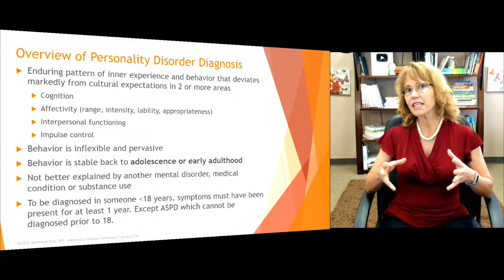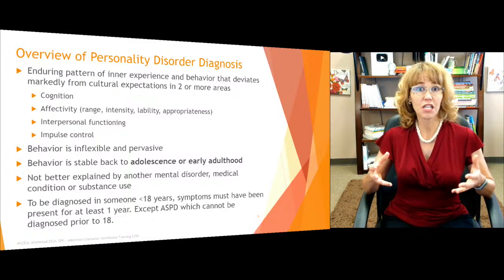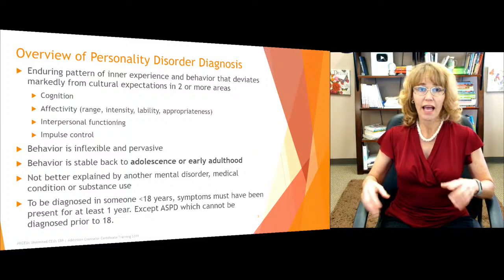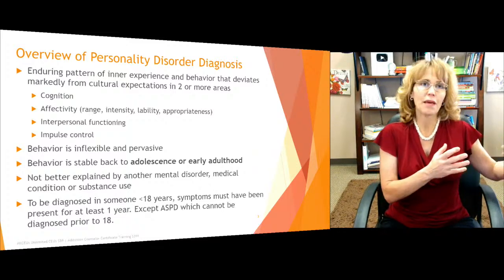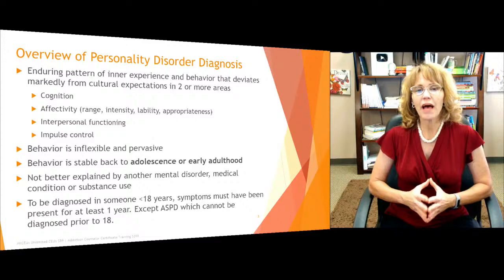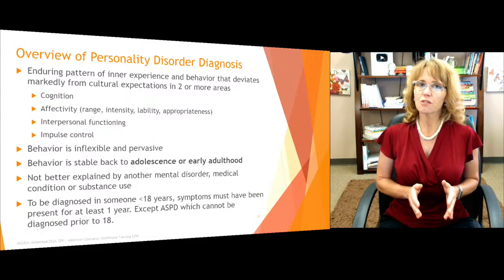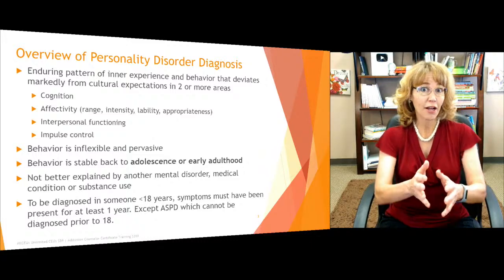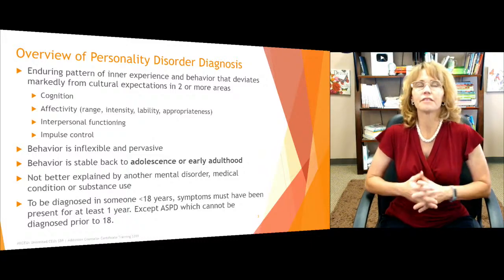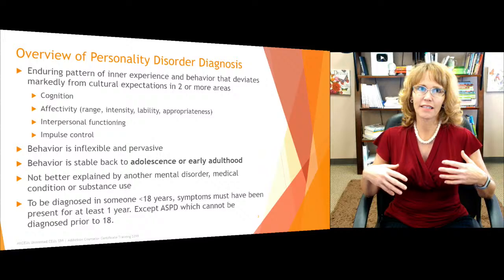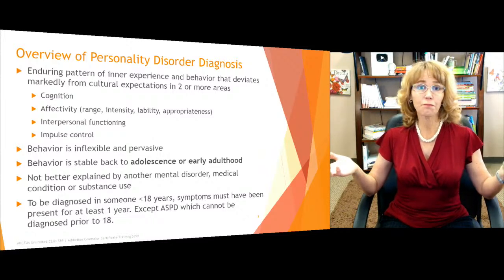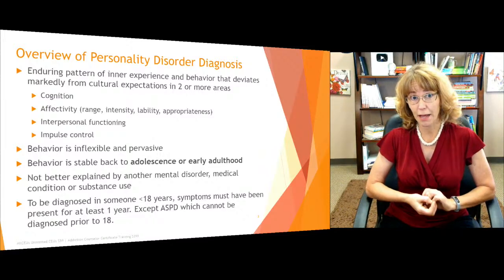Now, one of the other features of personality disorders, as opposed to maybe mood disorders, is the behavior is inflexible and pervasive. So it's not just present in one area. There's a lot of talk on different social media platforms about narcissism, for example.